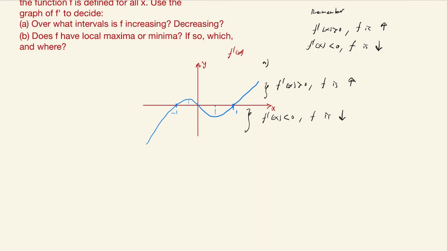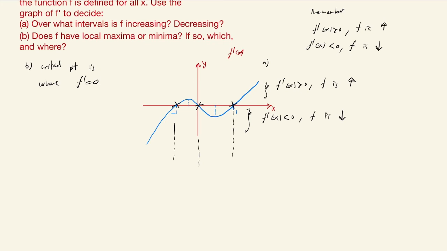For part B, we have to find the critical points first to determine if they are a local maximum or minimum. Remember, a critical point is where the first derivative is 0, and this is the graph of the first derivative. So when we have an intersection with the x-axis, it's going to be at x equal to -1, 0, and 1. So three critical points. Now we have to determine if there are local max or min. We can do that using the signs of the first derivative.